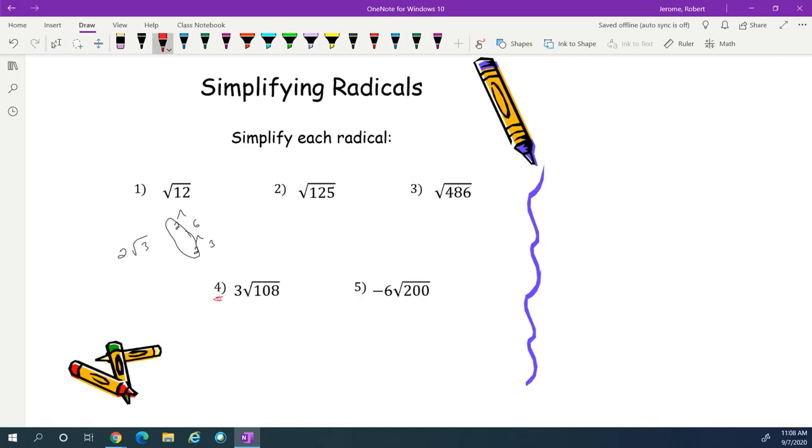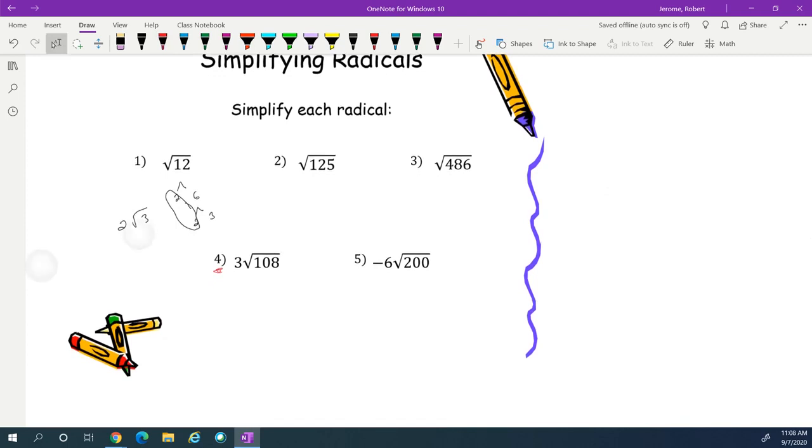Let's do number 4. I'm just going to move the page up a little bit. I'm going to ignore the 3 for just a minute, and I'm going to break down the 108. So that's 2 and 54, which is 2 and 27, which is 3 times 9, and the 9 is 3 times 3.